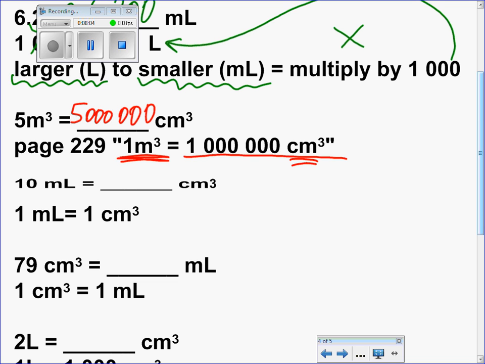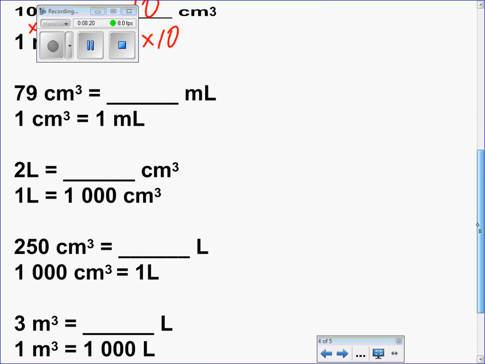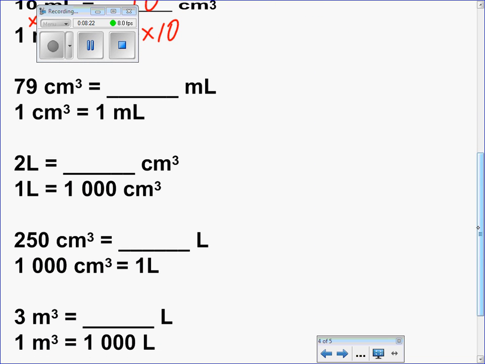If I have 10 milliliters, how many cubic centimeters do I have? I have 10 cubic centimeters. I'll slide the screen down and let you finish off the last 4.